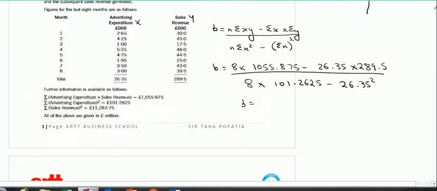you will get 8 into 1055.875 minus 26.35 into 289.5.